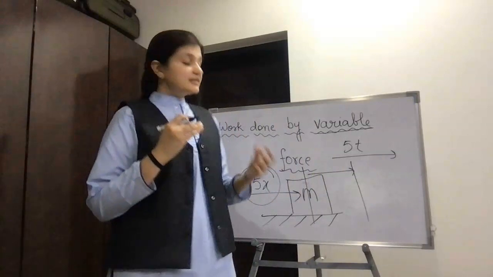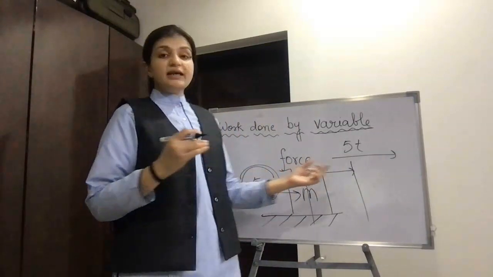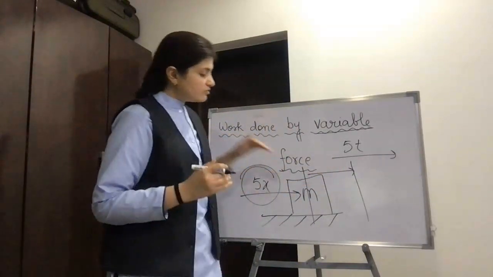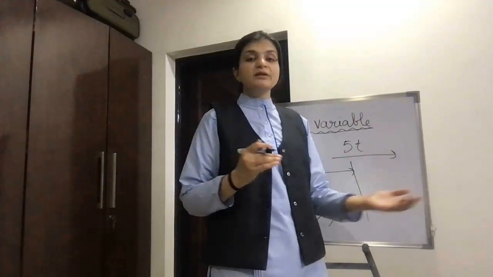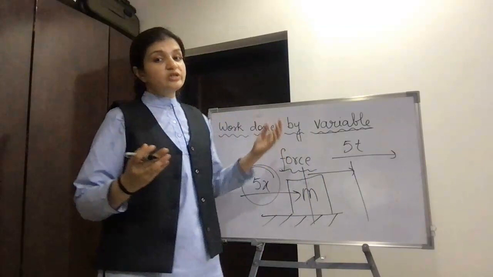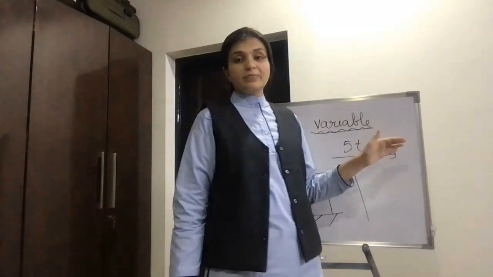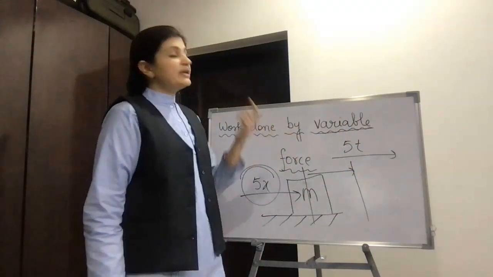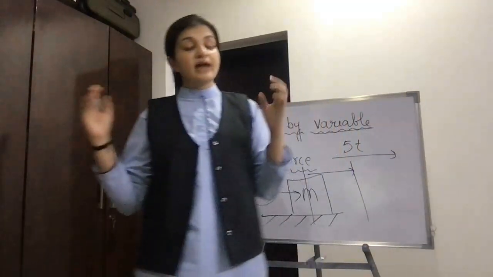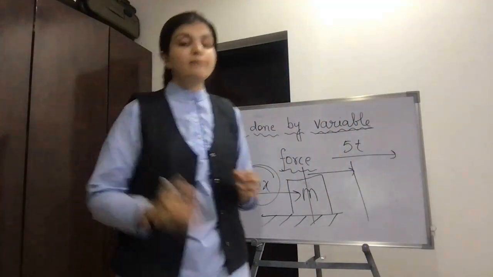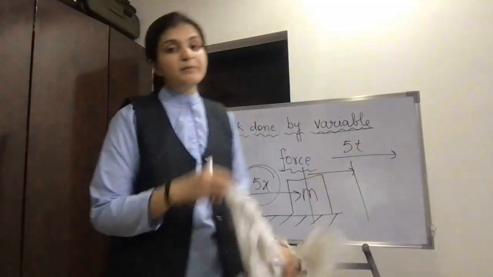So it can be its magnitude changing with respect to displacement or its magnitude changing with respect to time. Also, it may happen that its direction is changing. If I talk about the direction changing, then that variable force is a centripetal force.